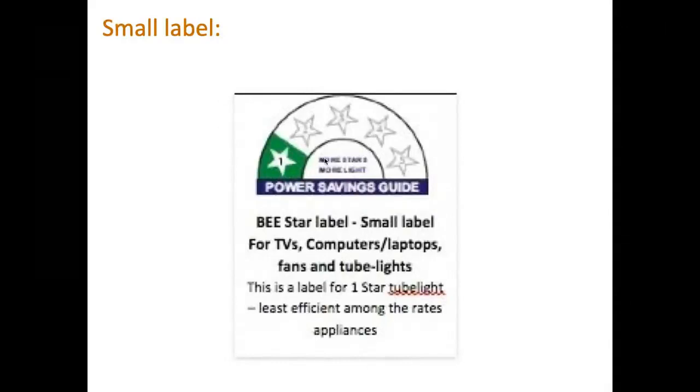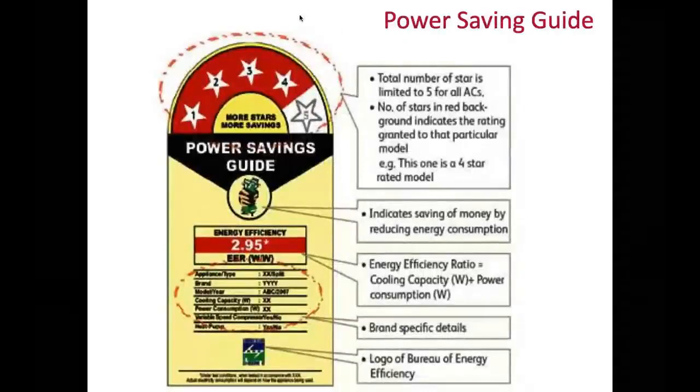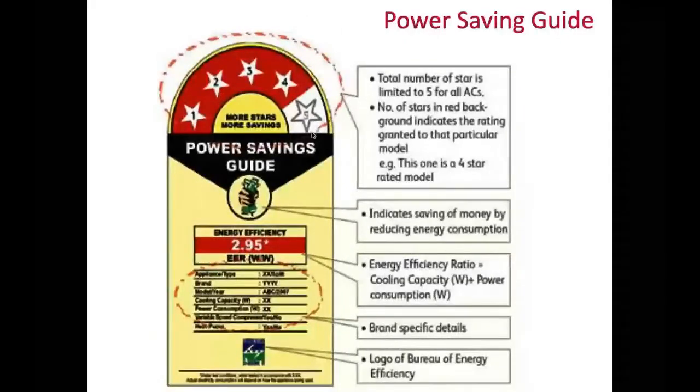Now, if you're talking about the power saving guide, whenever we go to buy a new air conditioner, we find the label on it, right? This is probably the most important factor apart from the cost which determines the selection of an air conditioner, where the Bureau of Energy Efficiency mandates every air conditioner to have this label. And we can see the representation of the label here.